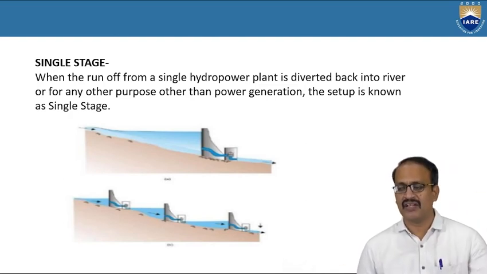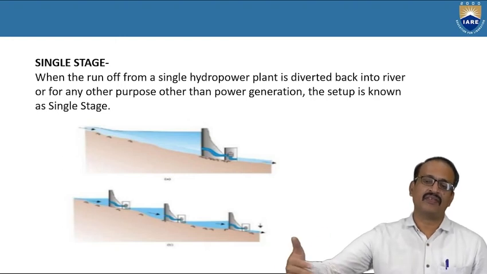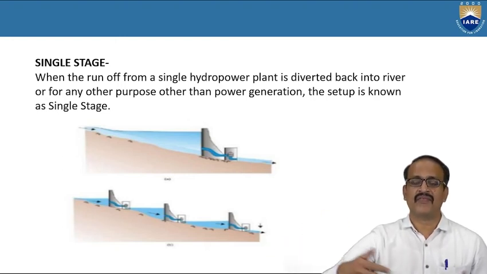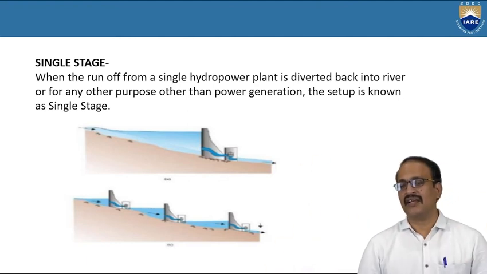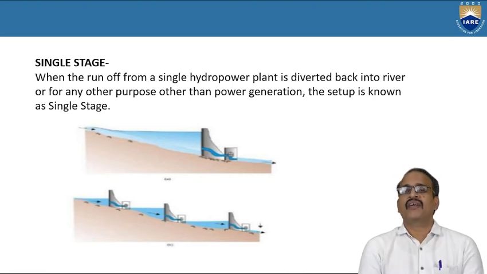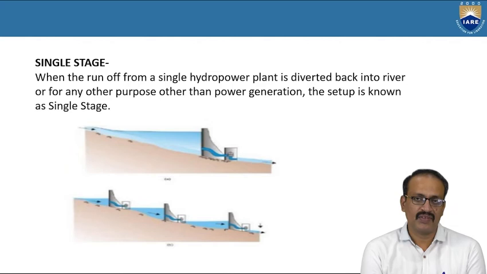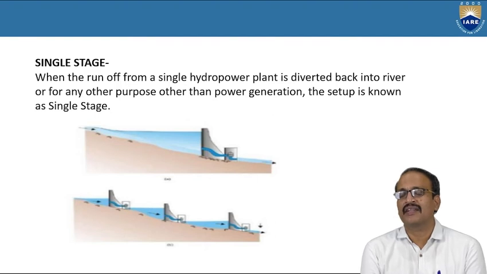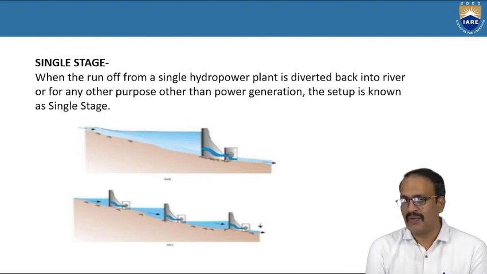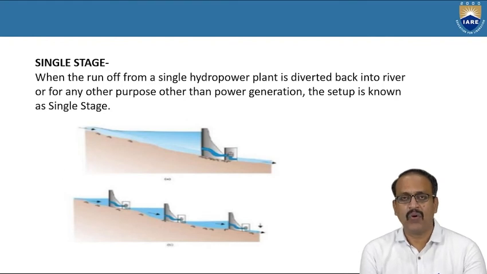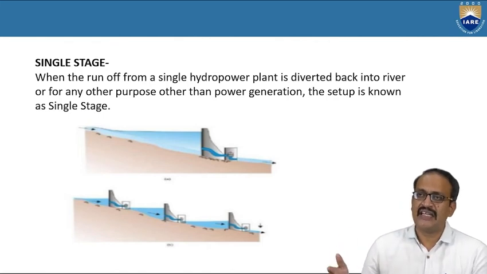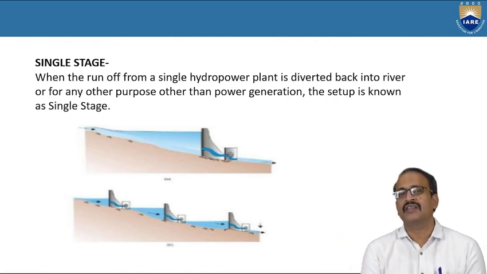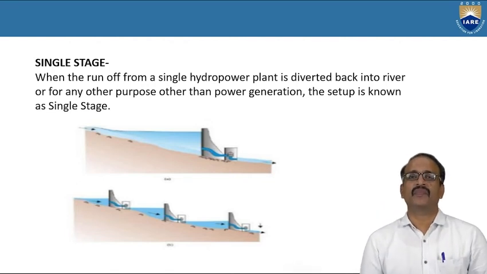Once you release the water, you can use it again some place ahead of this dam, and there you can construct another dam and use the water again. That will be very good actually. However many times you can use the water, that many times you can produce power. But this is not practically possible in all places. Geographically favorable conditions should be there, and only then are these possible.